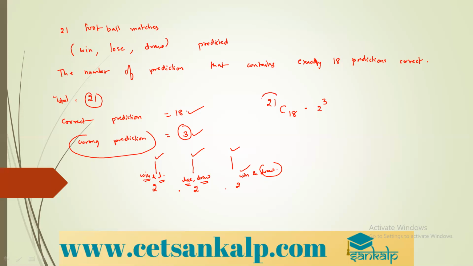First of all, I'm seeing in how many ways correct prediction can be done. After that, I'm coming to the wrong prediction 3. That is also necessary to complete one work. And then you can leave the answer like this, because here simplification is not done, even in the question.